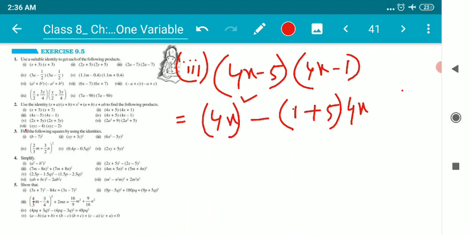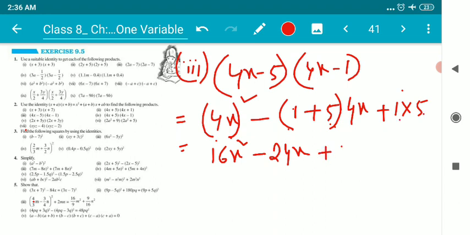Then we have plus a into b, meaning 1 into 5 or 5 into 1, the same only. So 4x whole squared means 16x squared, minus 5 plus 1, 6 into 4x is 24x, and aside plus 5 ones are 5. That is our answer.